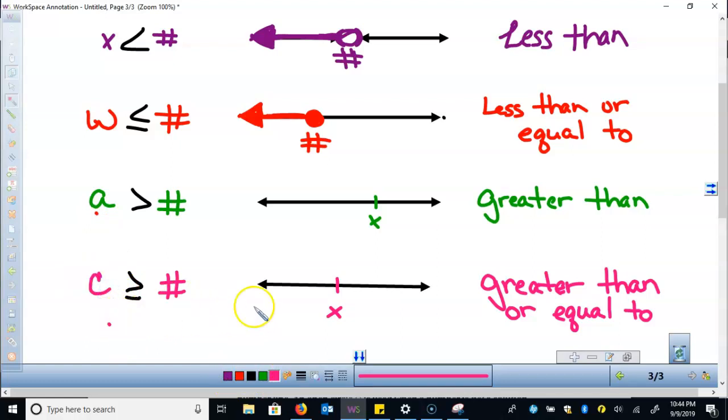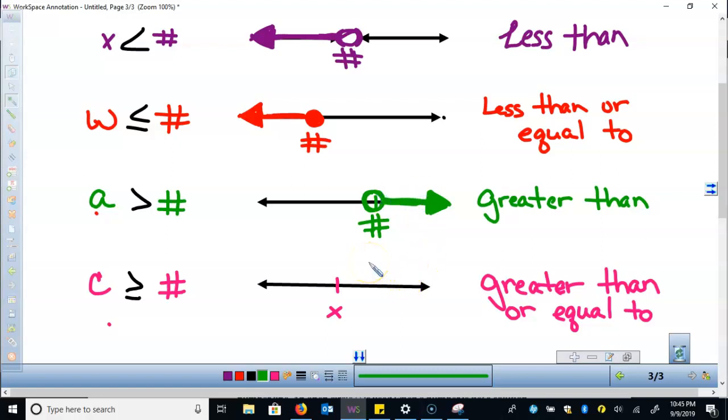Let's do C. All right, here we go. Greater than. If I have a missing number that's greater than another number, it cannot be equal to it, and the greater than is always to the right. The bigger numbers are always to the right on a number line, so that's where we need to graph.